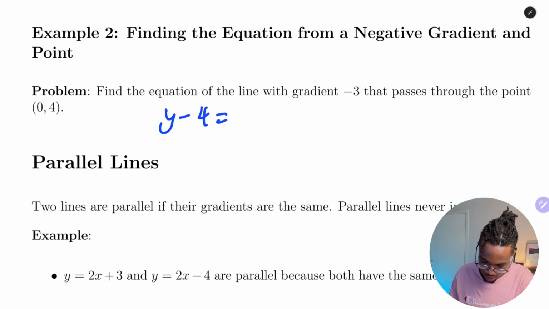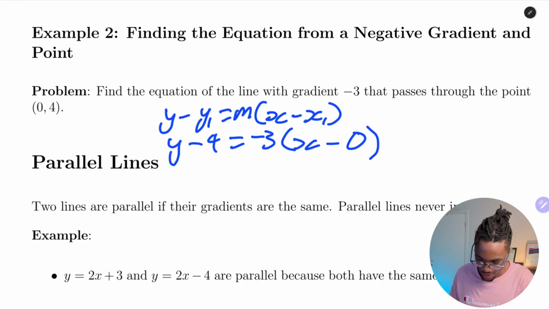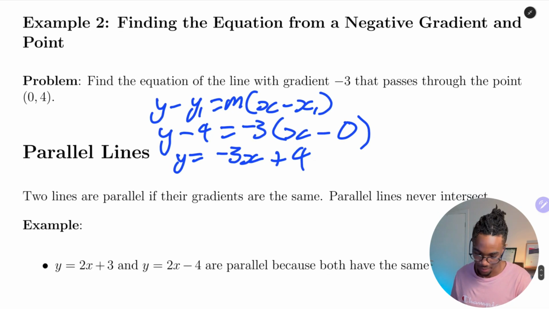I'll write the full equation: y minus y1 equals m times x minus x1. y minus 4 equals minus 3 times x minus 0. And then we just solve it for that formula again. So y equals minus 3x plus 4. And that's the equation.